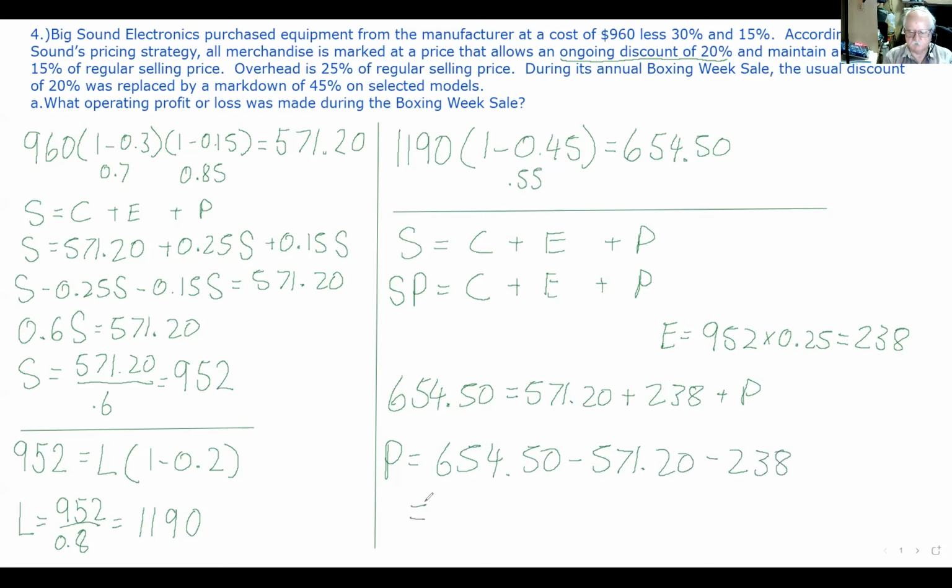Let's see if we can figure out what all that came to. 654.50 minus 571.20 minus 238. And I'm getting a negative 154.70.